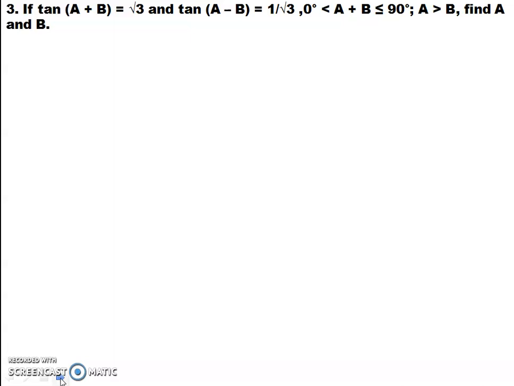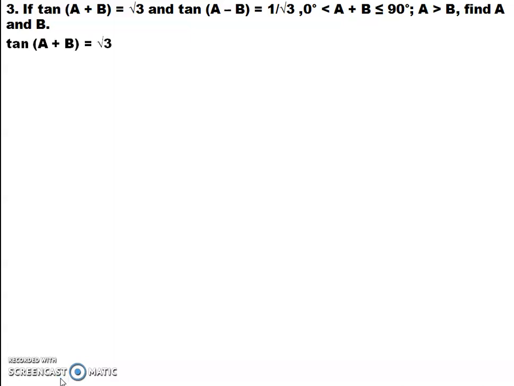You should know which angle gives tan θ equal to root 3 and which angle gives tan θ equal to 1 by root 3. Let us see the solution.